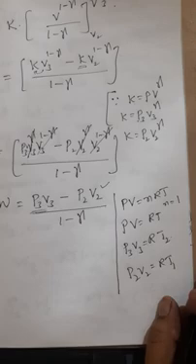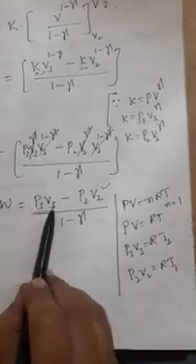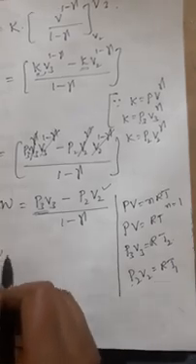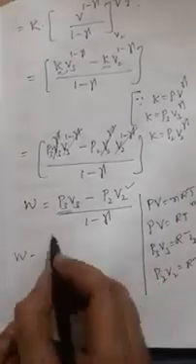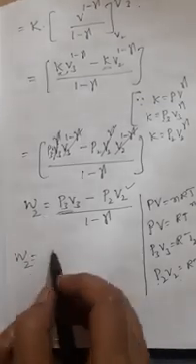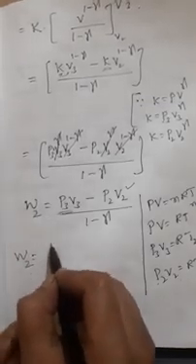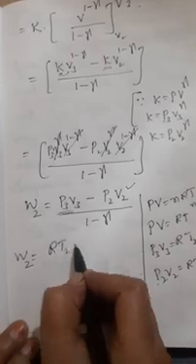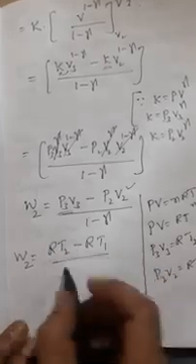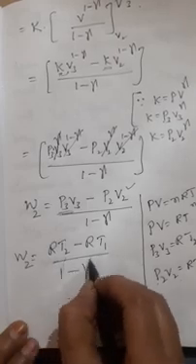So if you substitute the value of P3V3 and P2V2 in this equation, this second work done, W2, can be written as RT2 minus RT1 by 1 minus gamma.